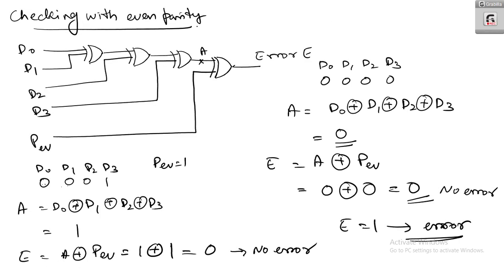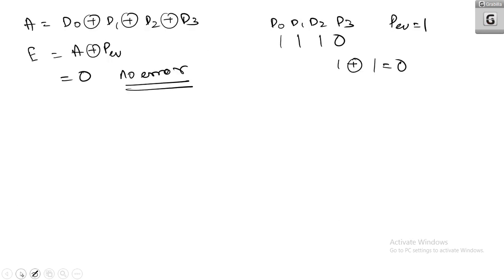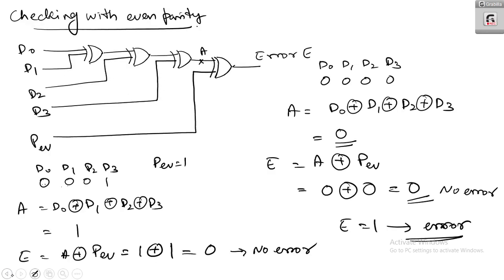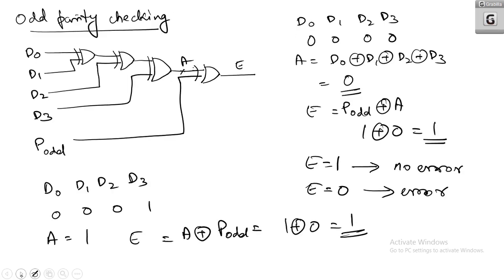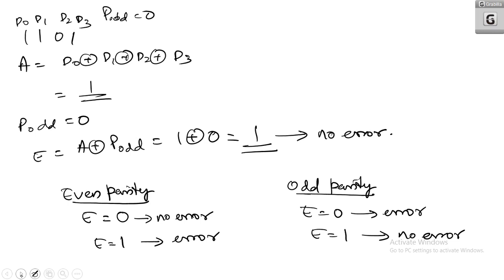If it is even parity, E equal to 1 means there is an error, and E equal to 0 means there is no error. Whereas in the case of odd parity, if E is equal to 0, there is no error, and E equal to 1 means there is error. So that is regarding the 4-bit parity generator and checker.